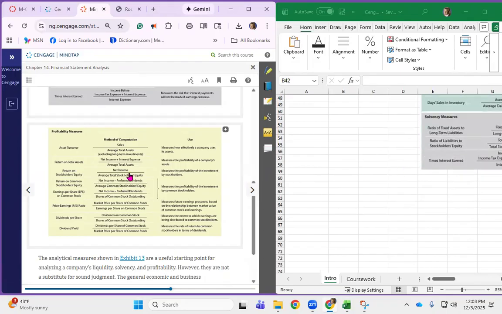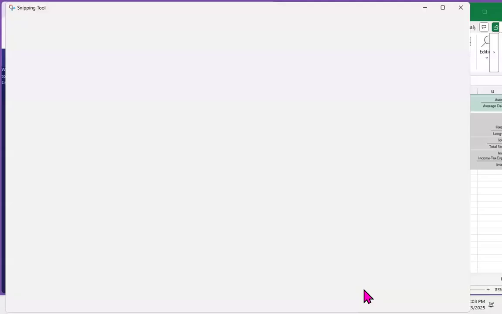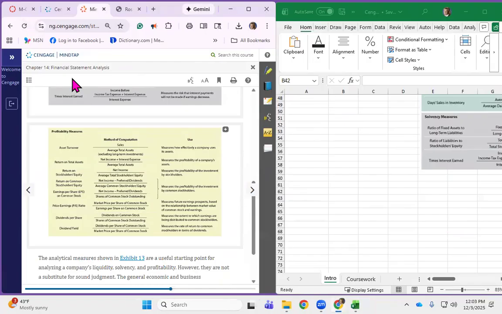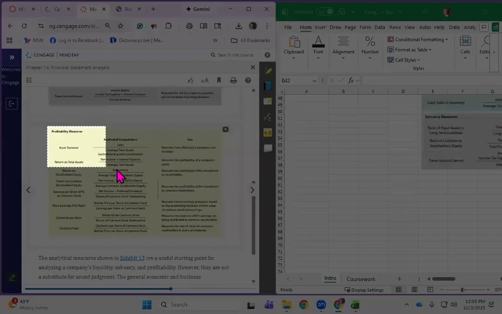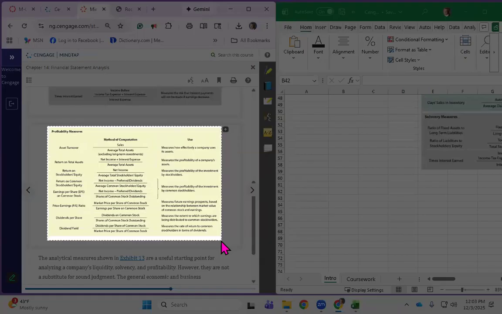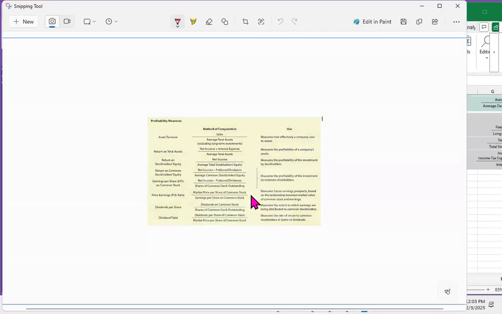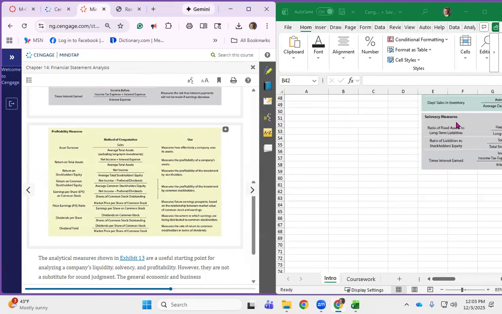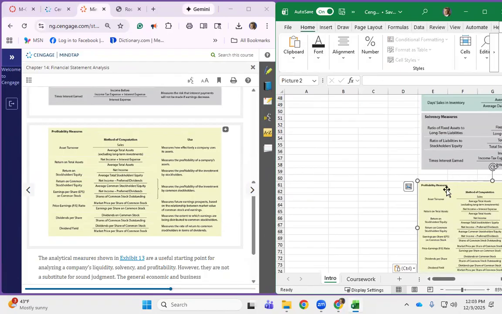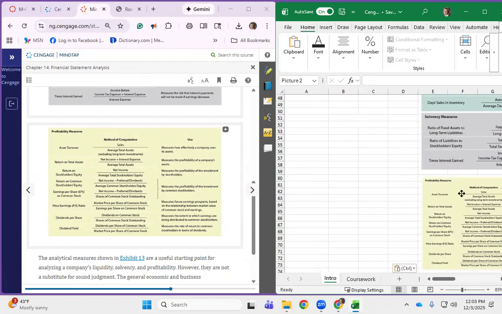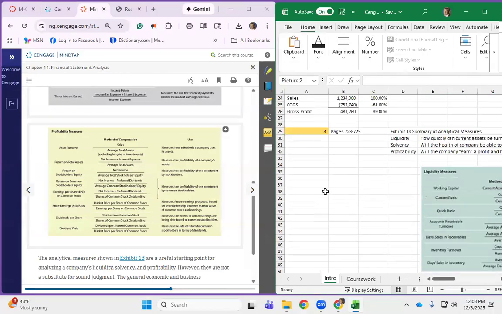We want to bring this into the spreadsheet as well so that we can refer to it if we need to. I don't expect you to memorize these formulas, but if I ask you to calculate a formula, it would be a good idea to know how it works, just a little bit.